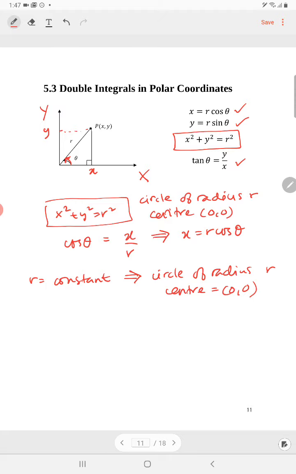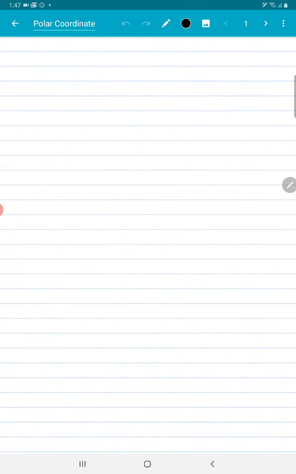Okay, let's sketch a few r here, r constant. So for example, you have r equals 4. So this is really x squared plus y squared. Remember, that's the relationship between x and y. So here we get x squared plus y squared is 4 squared, which is 16.